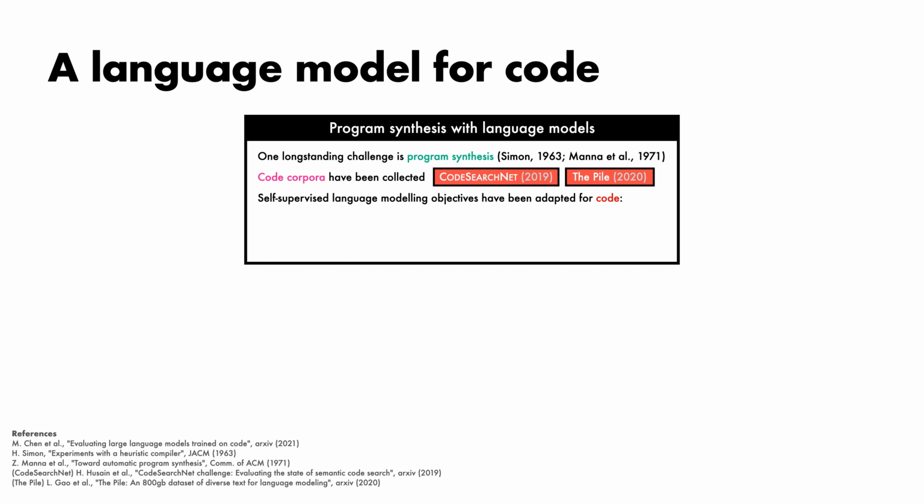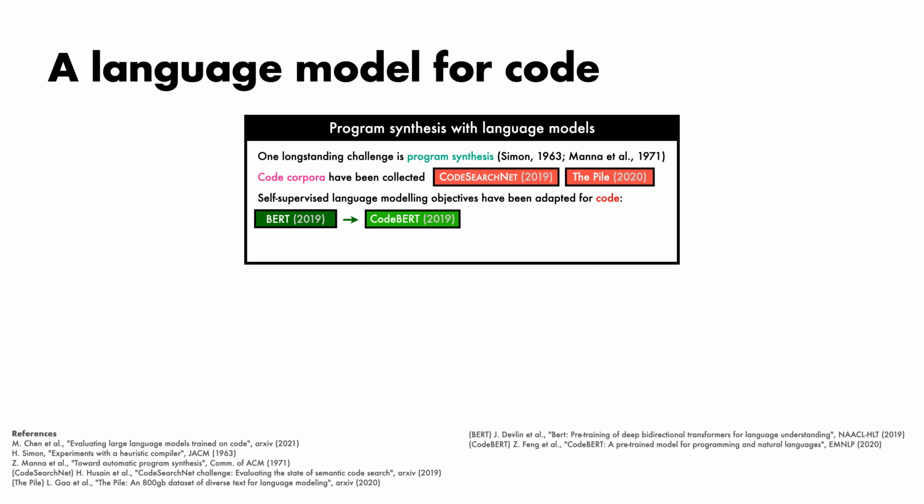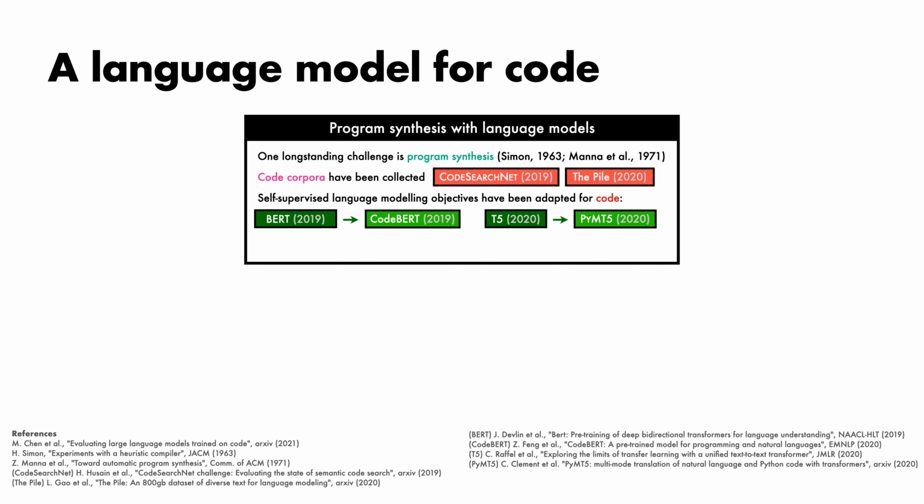In particular, BERT-style masking was used by CodeBERT in combination with replaced token detection to train a transformer on CodeSearchNet, while an objective inspired by T5-style span prediction was employed by PyMT5 to train a transformer on a larger collection of 26 million Python methods and 7 million Docstring function pairs.